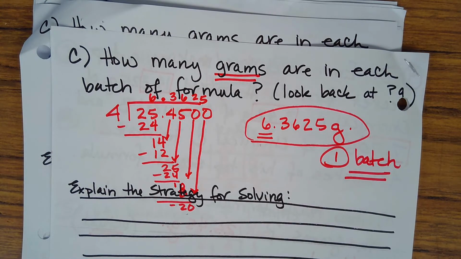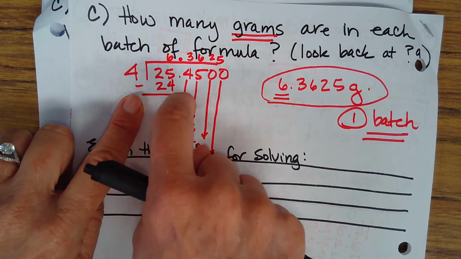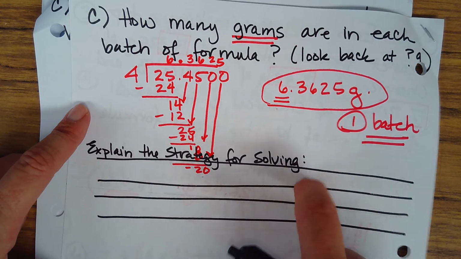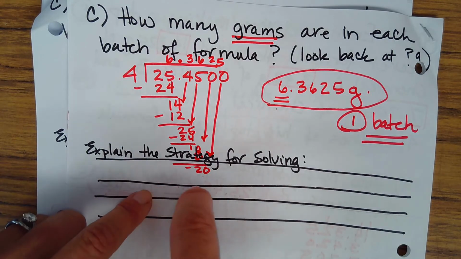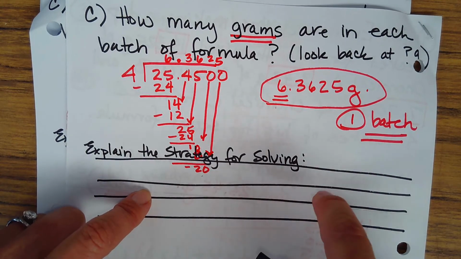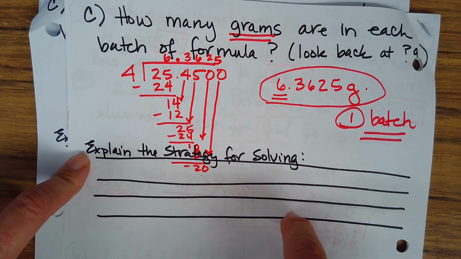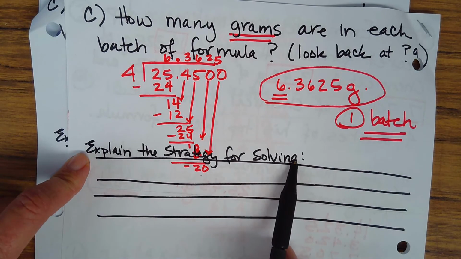How are you going to explain it? You're going to explain exactly what we just did here. I looked back at problem 9 to find the actual amount of formula. Then I divided it into 4 batches. This is the answer I got. So let me say that again. Explain the strategy.